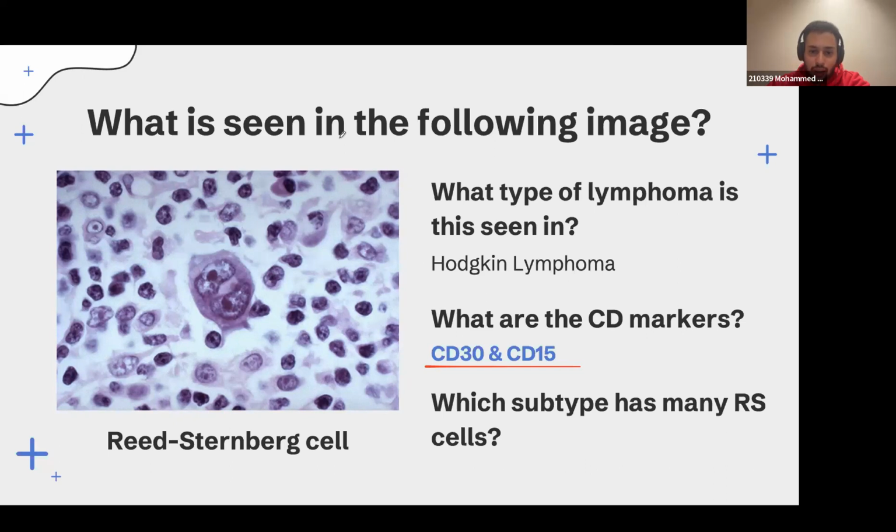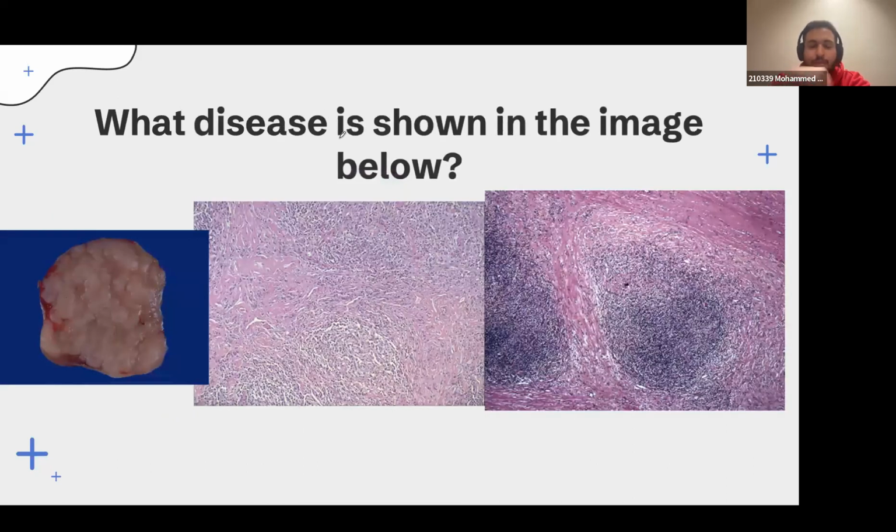Most Hodgkin lymphomas are seen mostly in males, except one. What is this type? This is nodular sclerosis. You'll have nodules cut by bands of fibrosis or collagen, so between the nodules are these fibrotic areas.